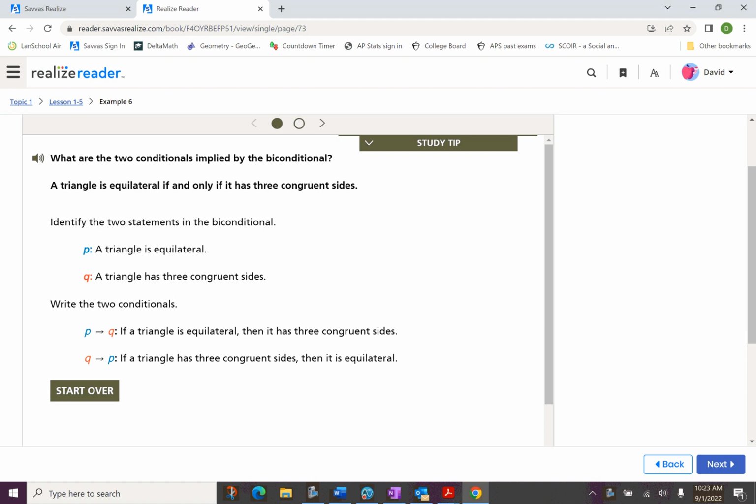If a triangle is equilateral, then it has three congruent sides. In the other conditional, if a triangle has three congruent sides, then it is equilateral. And hopefully, without too much argument, we understand that both of those conditional statements are true. That's why the biconditional up at the top is also true.